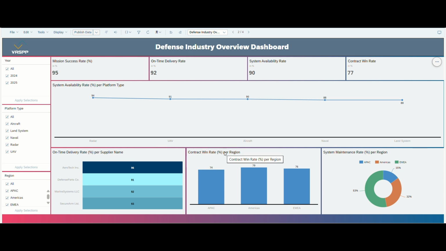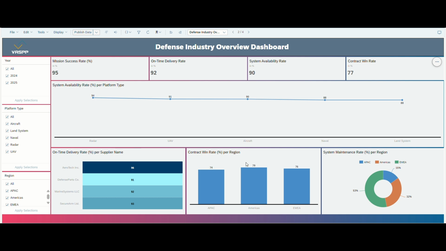Looking at contract win rate per region, the Americas lead the way at 79%, followed by EMEA at 76% and APAC at 74%. This indicates solid competitiveness in all global markets, while also highlighting areas where bid strategies could be refined to gain additional advantage.